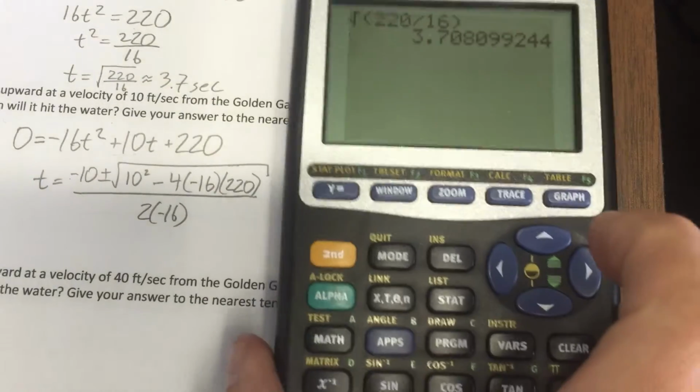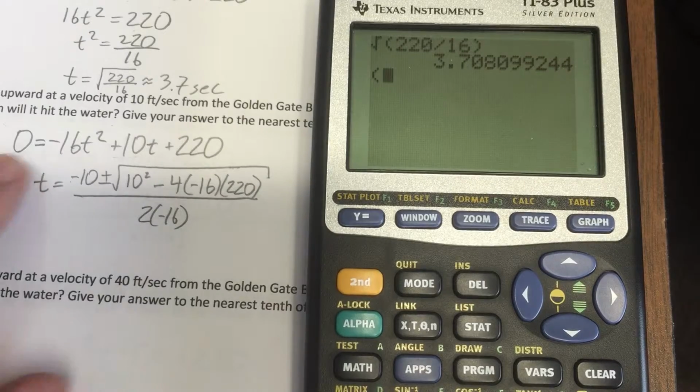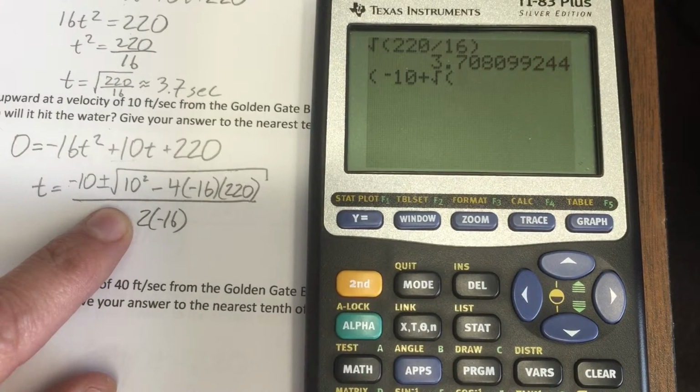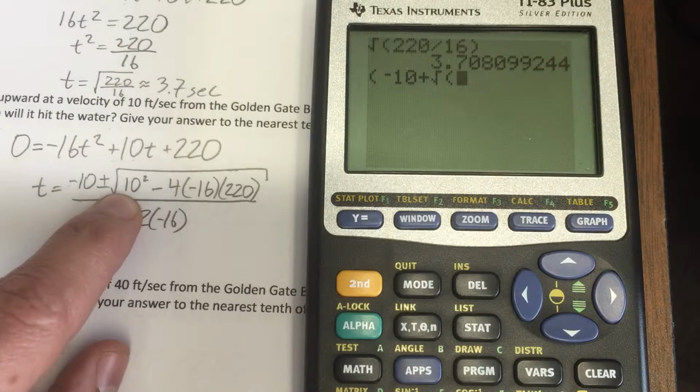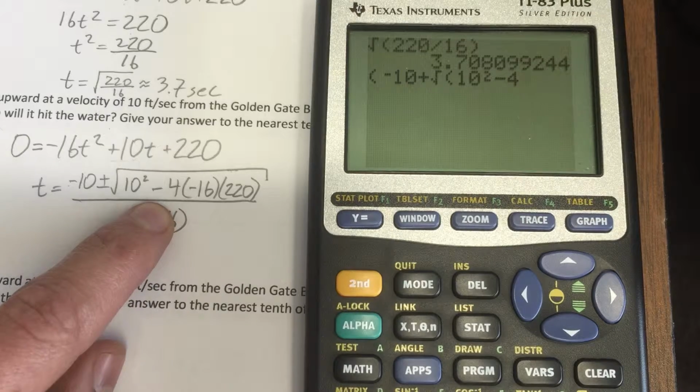I'm going to bring back in my calculator here. Parentheses are really important here. I have to divide this entire piece, so I'm going to put parentheses, negative 10 plus the square root. Notice they open a parenthesis telling me that my square root is beginning. 10 squared minus 4 times negative 16 times 220.